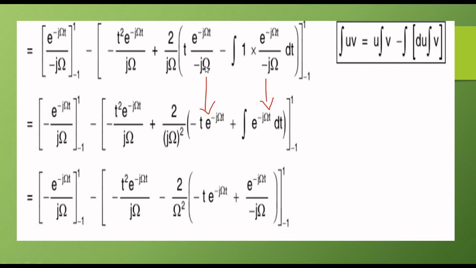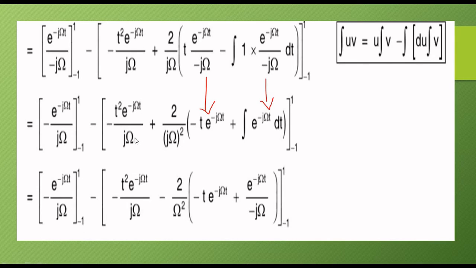You have another j omega here, so bring it outside as common, which becomes j omega whole square, and you have it inside the bracket as minus t e power minus j omega t plus, we have already brought j omega outside as common, so you will have it as integral e power minus j omega t dt. So now this is actually between the limits -1 to +1. So minus e power minus j omega t by j omega between the limits -1 to +1.